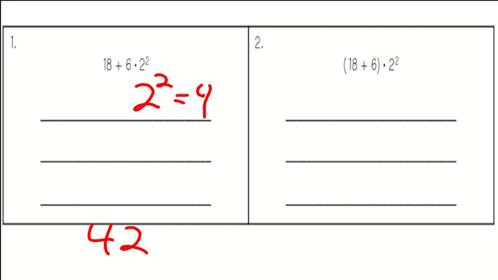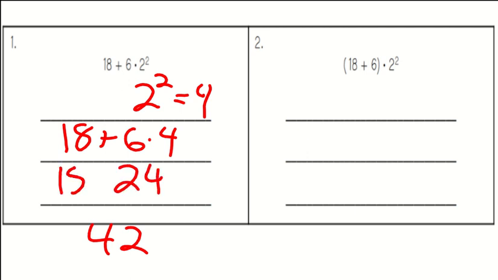So that's 4. That means we have 18 plus 6 times 4. Everybody see how that's working, right? Now what gets done? The multiplication, 6 times 4 is 24. We got 18 plus 24. That's 42.